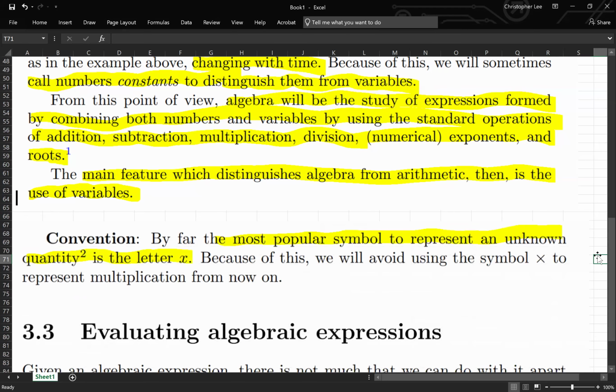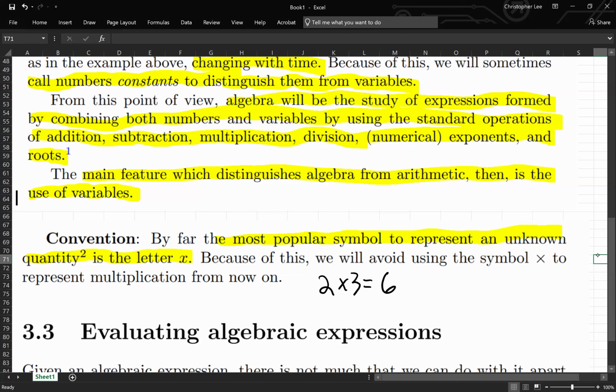All right, convention. By far the most popular symbol to represent an unknown quantity is the letter x. Because of this, we will avoid using the symbol that looks like an x to represent multiplication from now on, right? So what I'm saying is, remember how we used to say 2 times 3 is 6? I don't want to use that x symbol anymore, right?